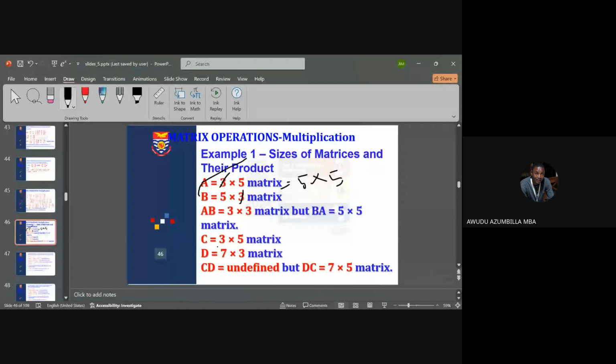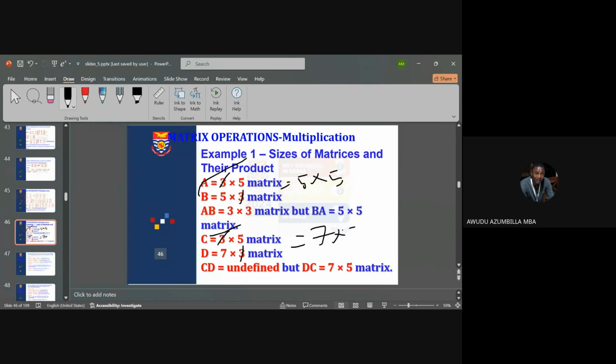But if you are having matrix C equal to 3 by 5, and matrix D equal to 7 by 3, and you are going to multiply C by D, it means that this obviously is going to cancel out, and you are going to have 7 by 5.